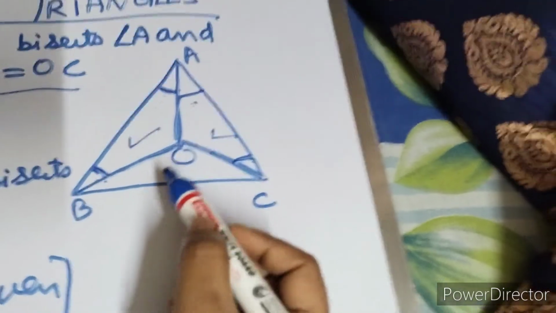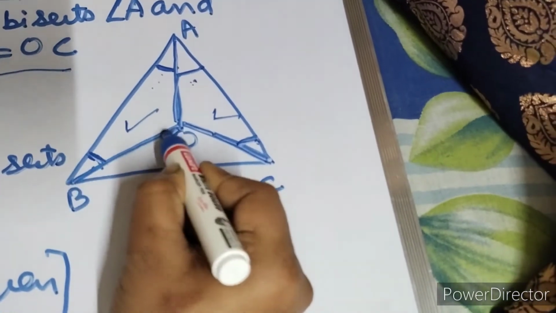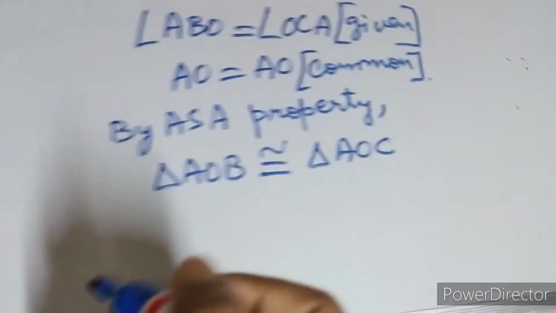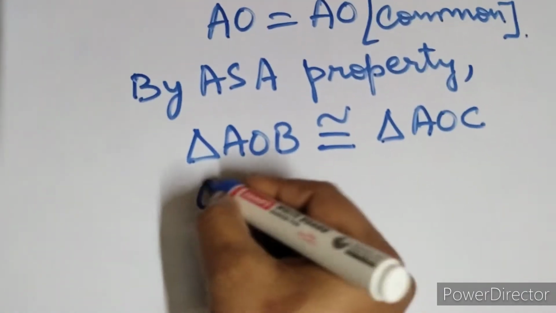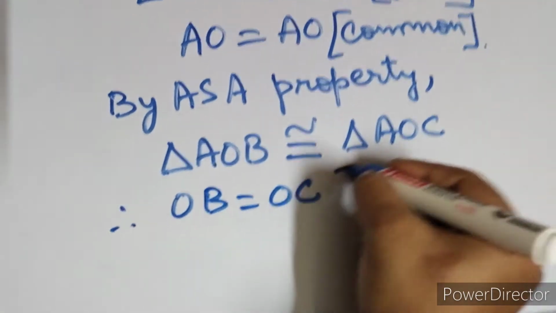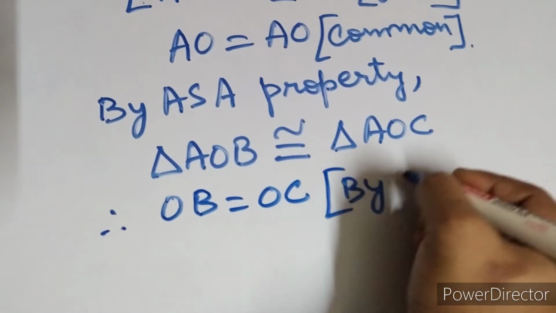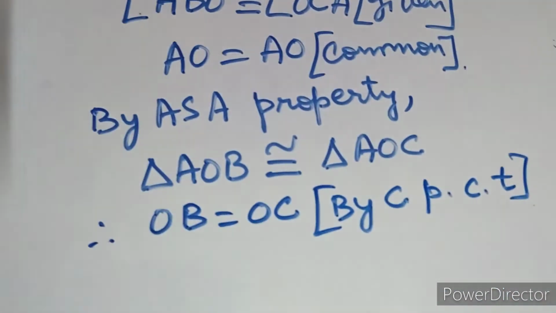Okay. Now, since these two triangles are congruent, we can say that this side will be equal to this side. What do we write here? We have to write, therefore, OB equal to OC by CPCT. Now, what do you mean by CPCT?